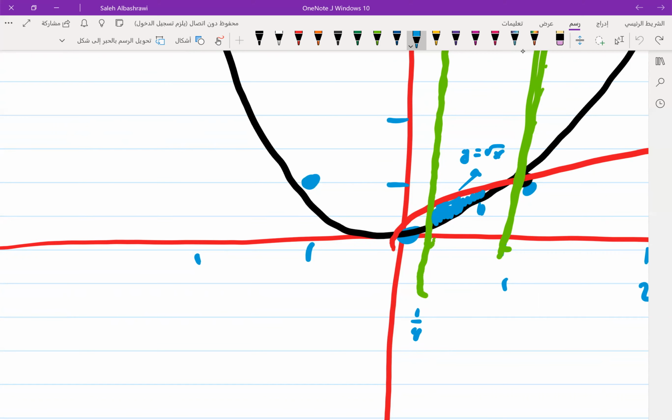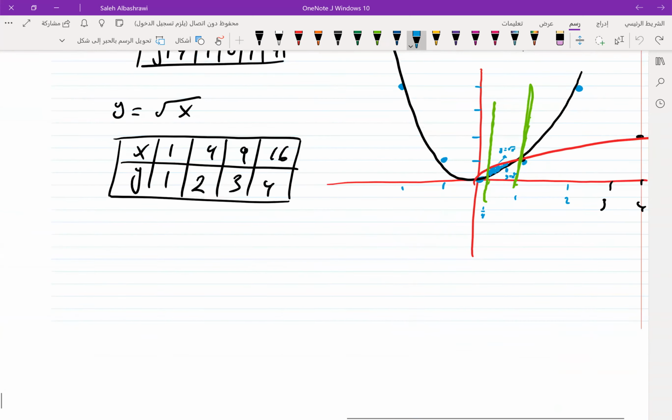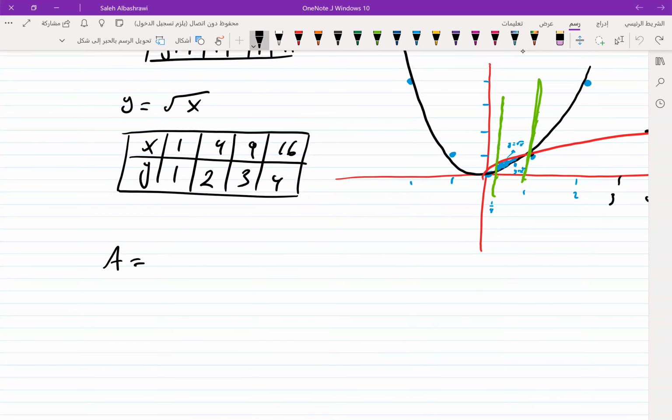The lower function is this one, y equal to x squared. So the area in this case equal to limit 1 over 4 up to 1. Left limit for x is 1 over 4 and right limit is equal to 1.